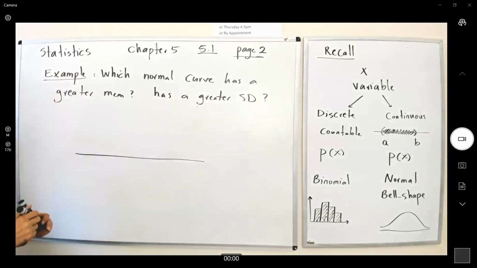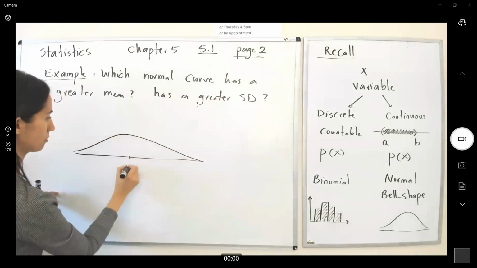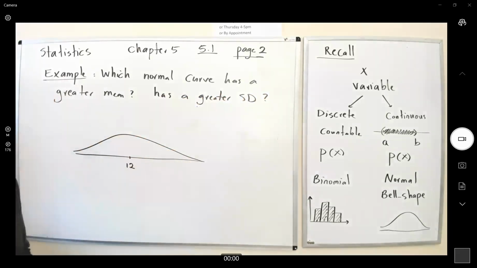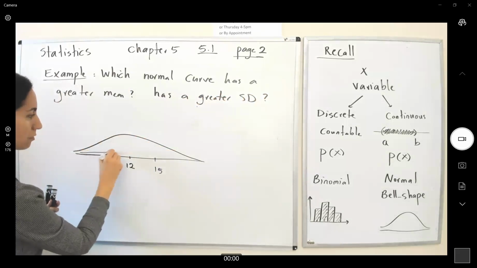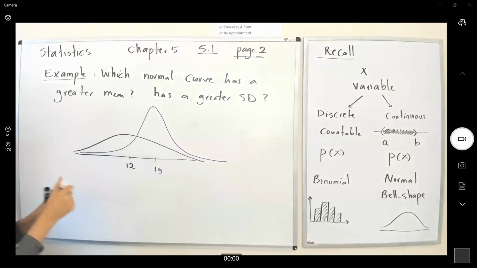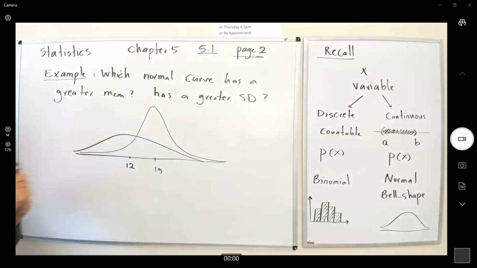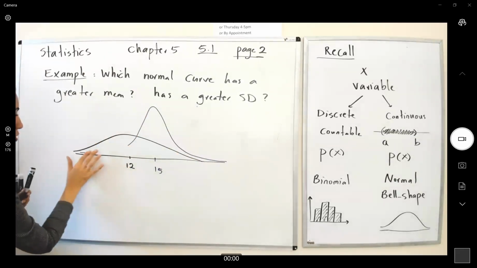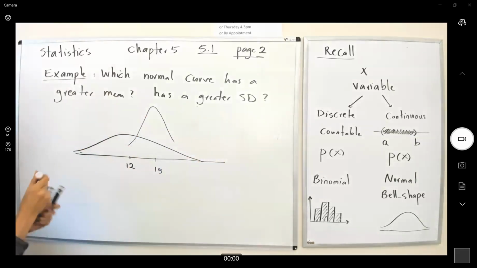Let me use different colors. So this is the first one. Here we go. 12. And the second one. Let me just change this a little bit to match with the example in the notes.